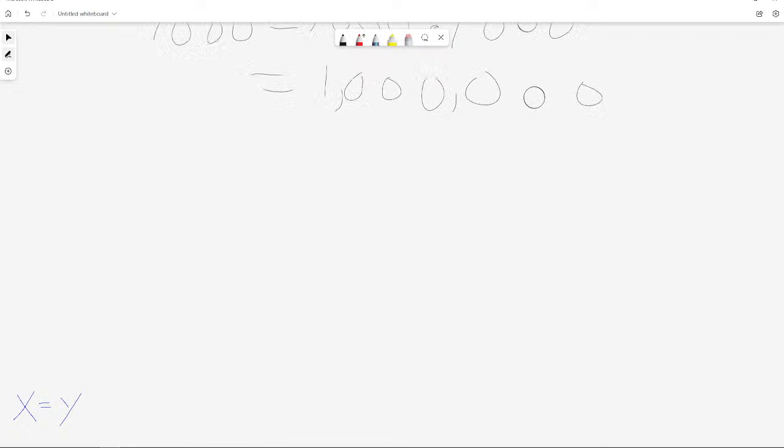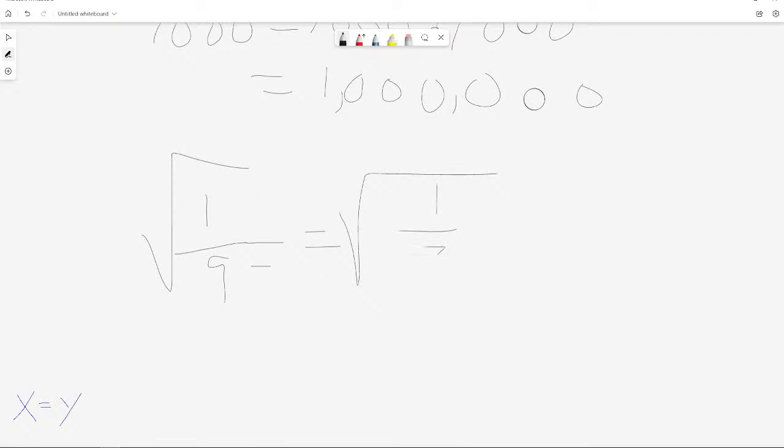So let's simplify the square root of 1/9. And what is that going to equal? That is going to equal 1/3.